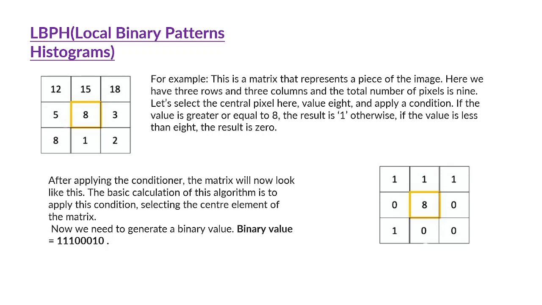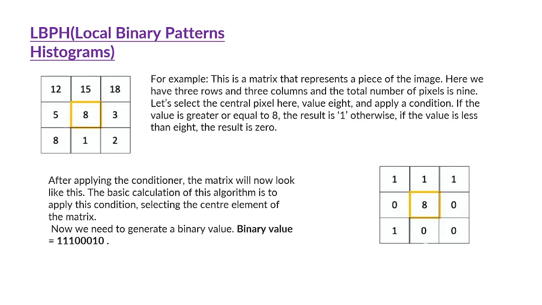After applying my condition, my matrix will look like this, which you can see on the right hand side of the screen. The first row, first pixel has value 12, which is greater than 8, so my result is 1. Similarly, the second row, first pixel value is 5, which is less than 8, so my result is 0.